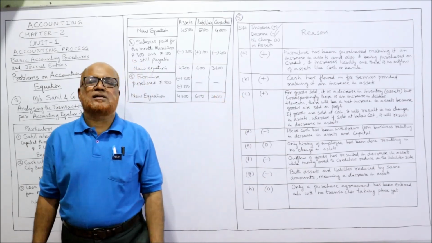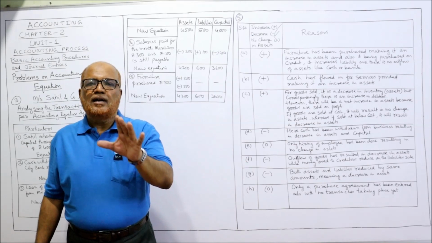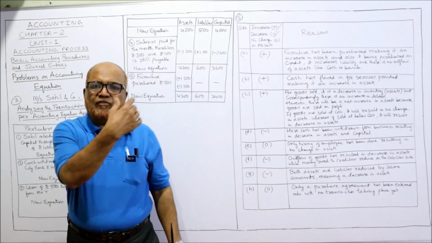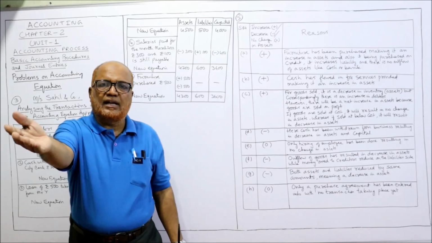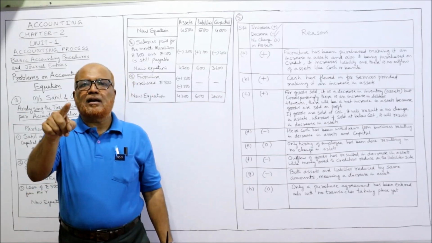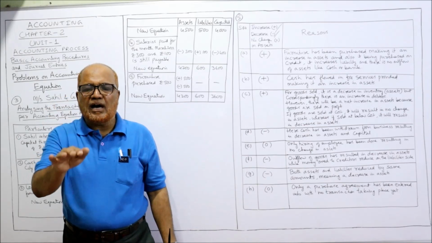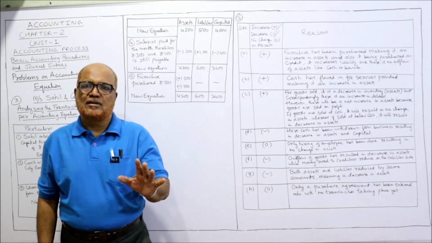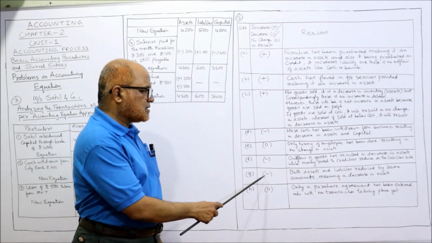Then what is the effect on assets? First of all, debtor balance is coming down because whatever we have to pay to C, one of our debtors is paying. So debtor is reduced. So when debtor is reduced, the assets will get reduced. That is the effect. Assets will get reduced. So minus.